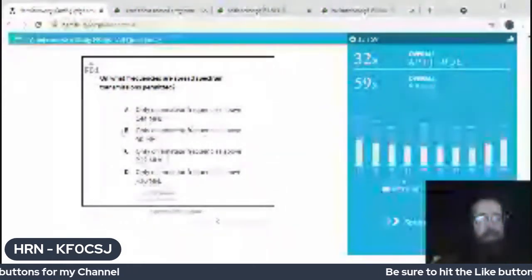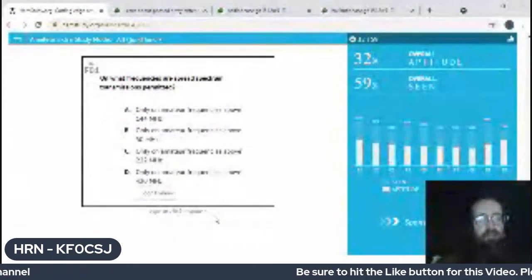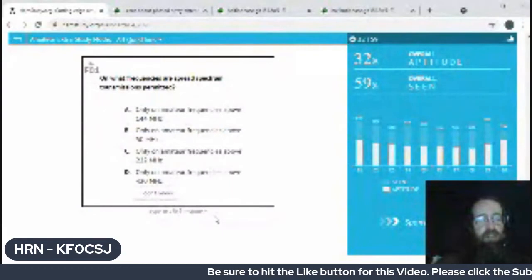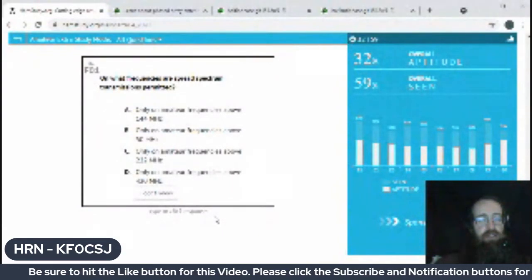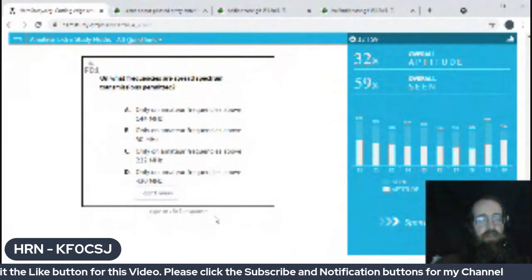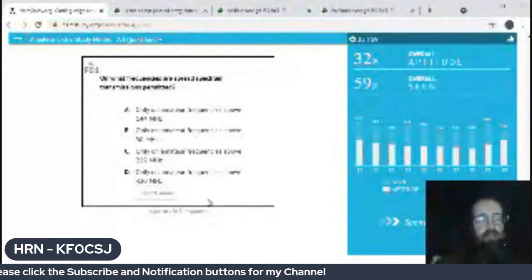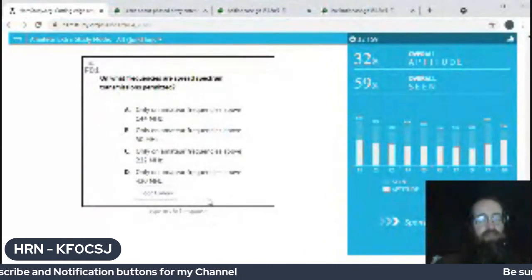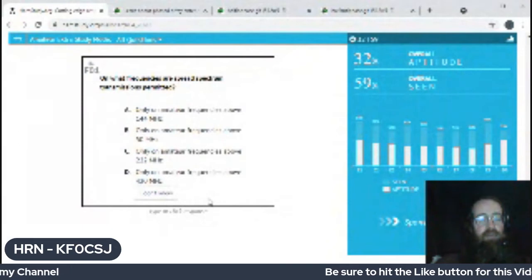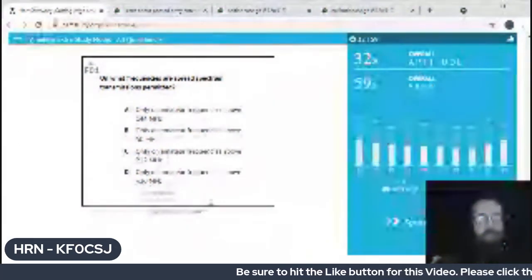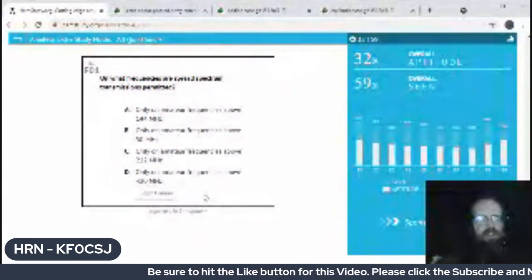On what frequencies are spread spectrum transmissions permitted? A, only amateur frequencies above 144. B, only amateur frequencies above 50. C, only amateur frequencies above 222. D, only amateur frequencies above 420.